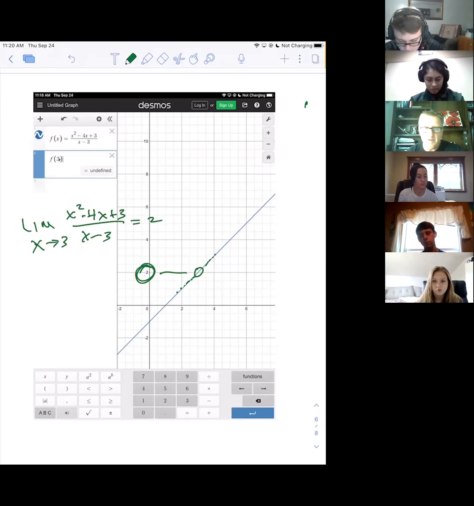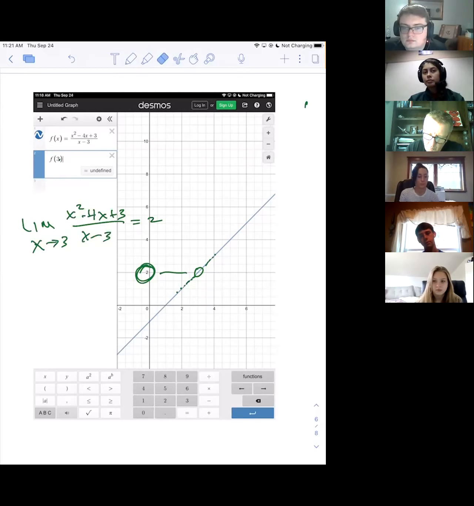And notice that as x approaches 3, there's no distinction between 3 positive and 3 negative. In other words, I don't have to write a plus sign up here or a negative sign up there, because from both sides I'm getting 2 either way. You see what I'm saying?